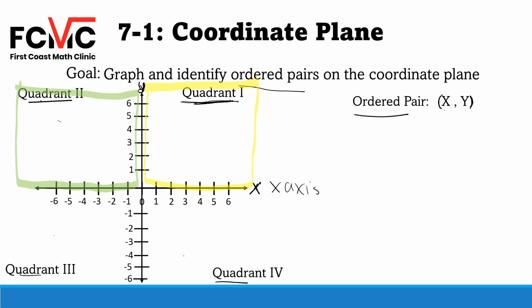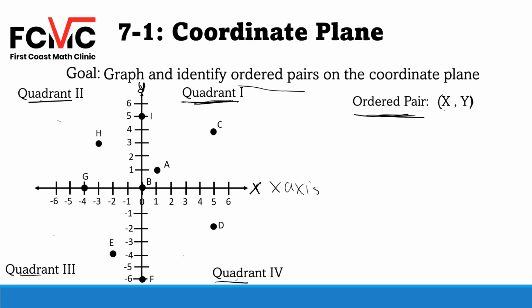Quadrant 3 is bottom left. And quadrant 4 is bottom right. Okay? And we'll talk more about the specific properties of each of those quadrants in a second, but for right now, I just want you to know that we've got four quadrants: quadrant 1, quadrant 2, quadrant 3, quadrant 4, and let's get into identifying some specific ordered pairs.